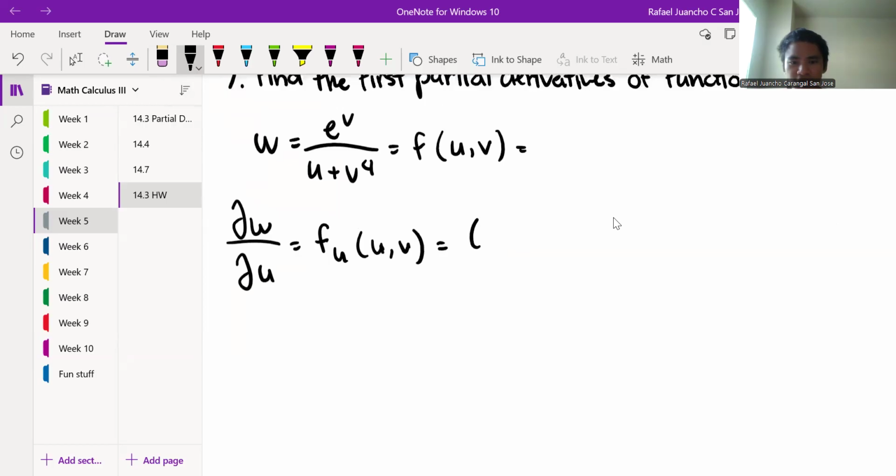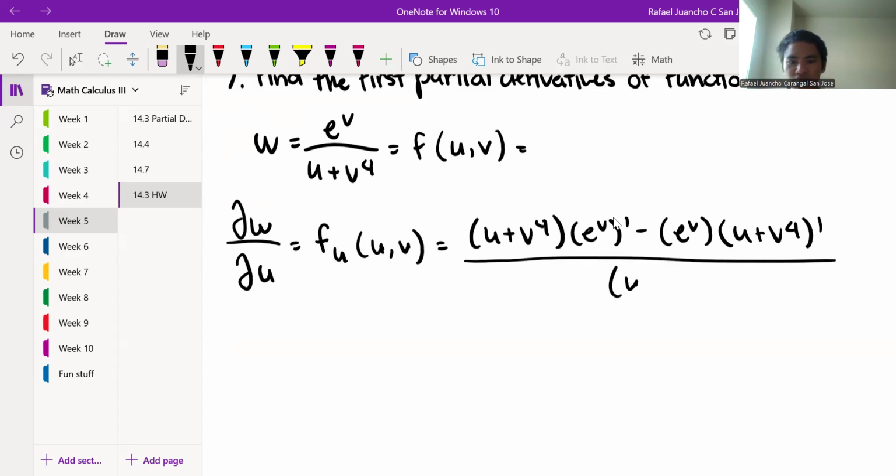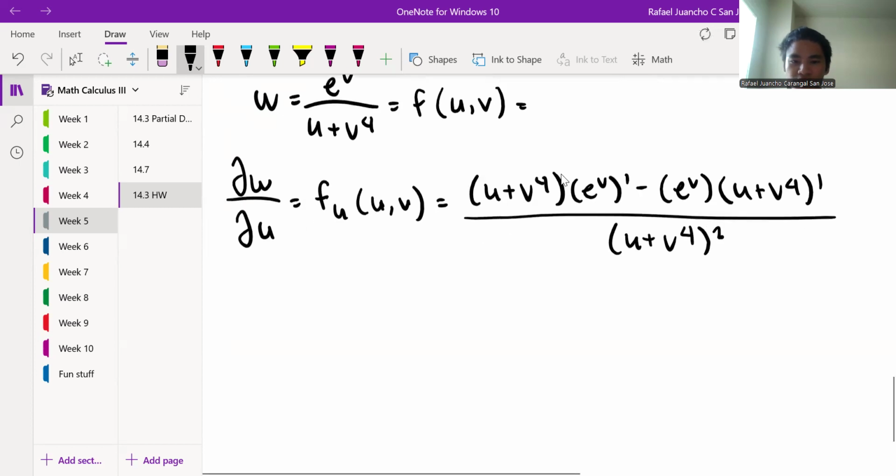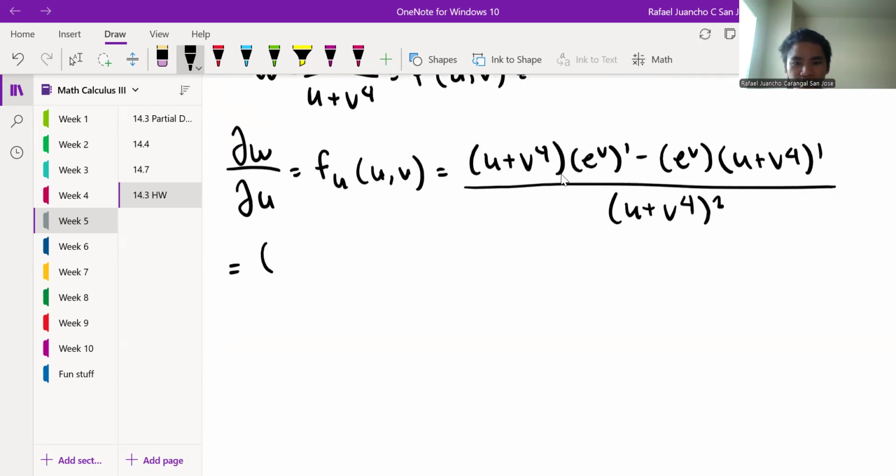So again, quotient rule is low d high minus high d low over low squared. So what is this gonna be? Well, first I copy this thing. What is this? The derivative of e to the v is 0.